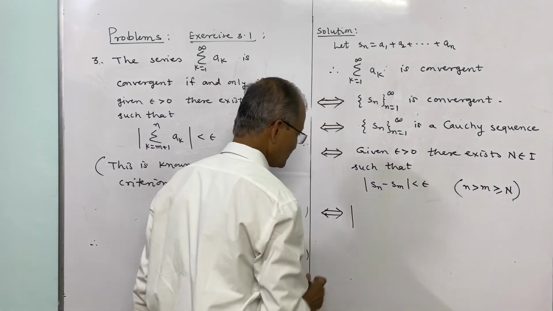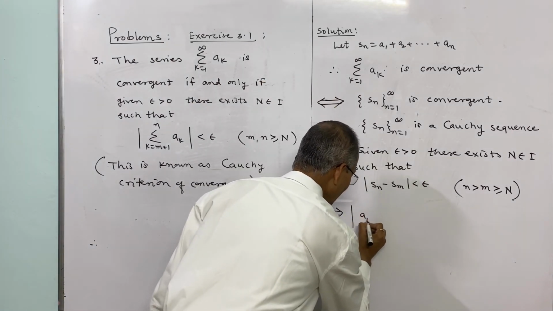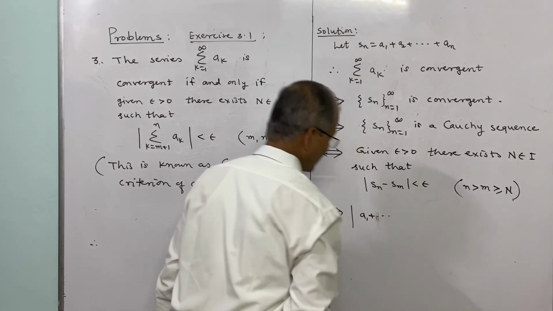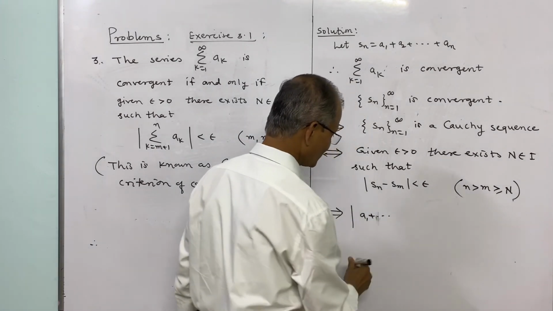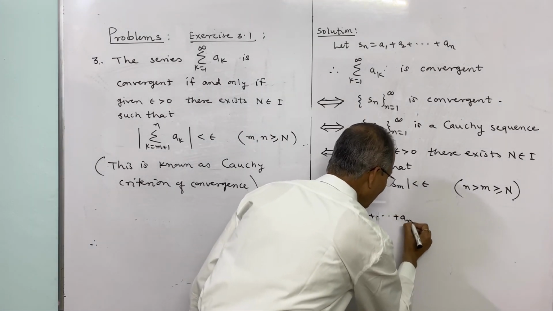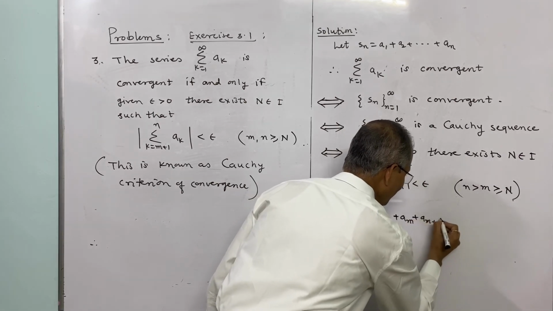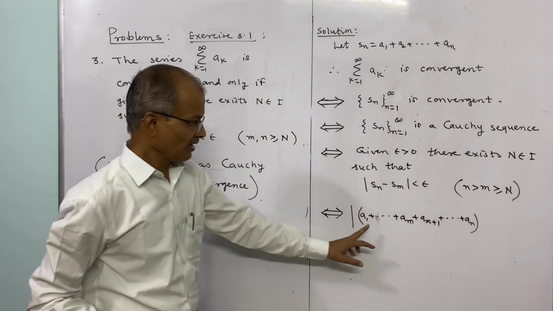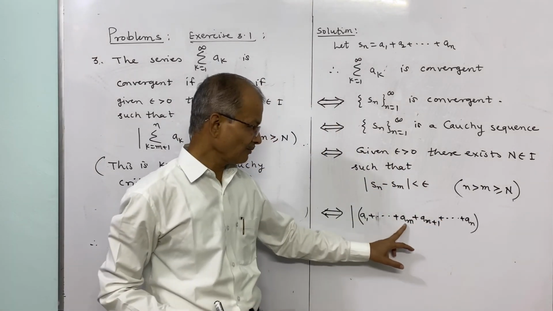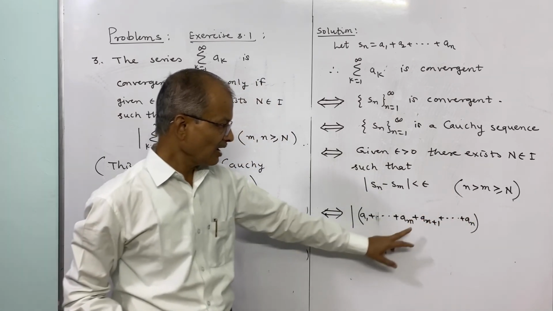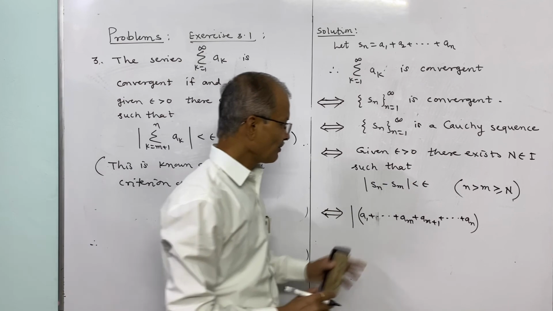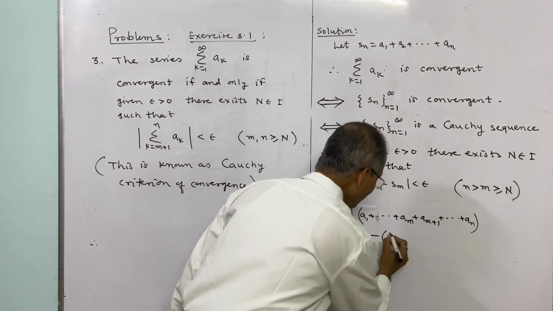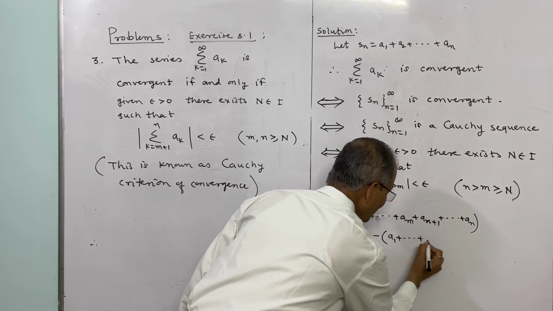So Sn is a1 plus up to am, and since m is less than n, am appears earlier, and the next term will be am plus 1, continuing up to an. Minus Sm, which I write in another bracket, the sum of the first m terms, a1 plus up to am.